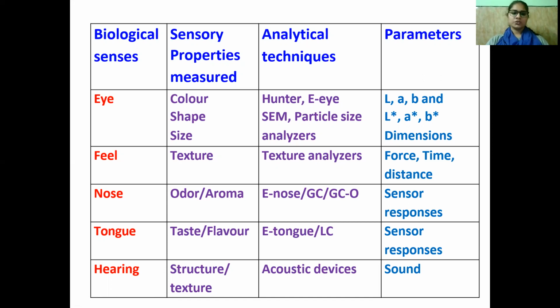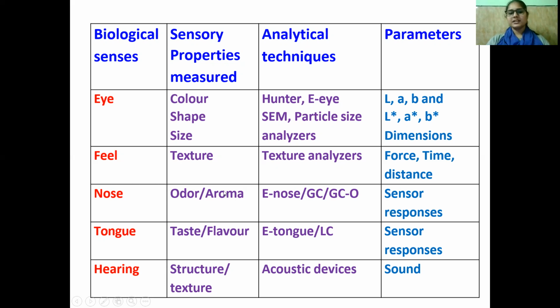Then we have the nose. The nose is used for odor and aroma. In industries, we have the electronic nose, gas chromatography, and GCO. The parameters are the sensor responses. Basically, sensors will respond according to how effective it is. Next we have the tongue.